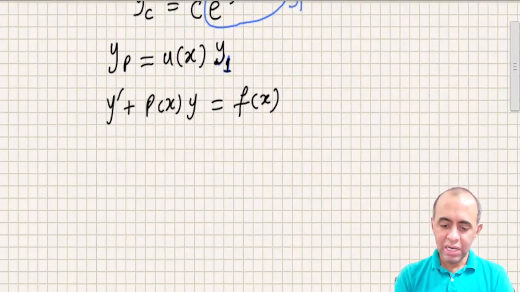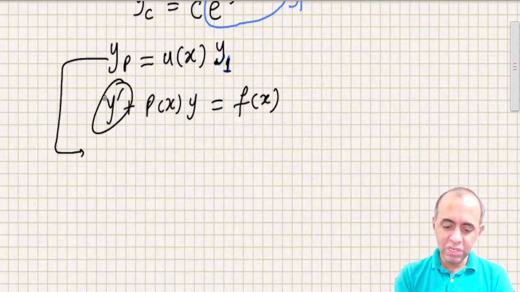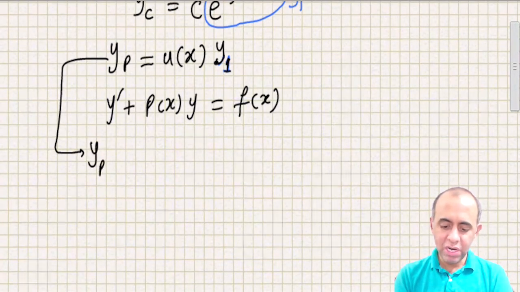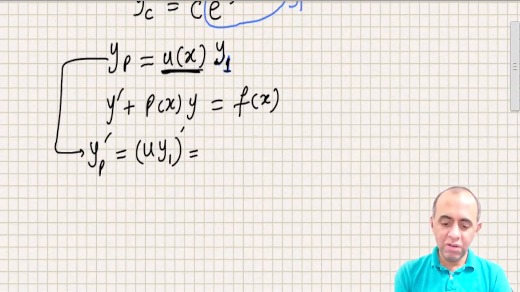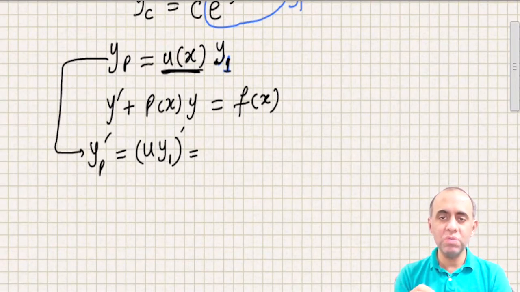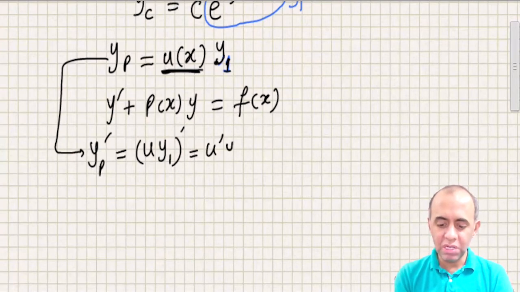So let's do that. The derivative of this, because we're going to need it over here, so yp prime is now, instead of u of x, I'm just going to write u over here, and y1 whole prime. Now because u is a function of x and y1 is also a function of x, the derivative of the product of both of these is going to be derived using the product rule, which is u prime y1 plus u y1 prime.